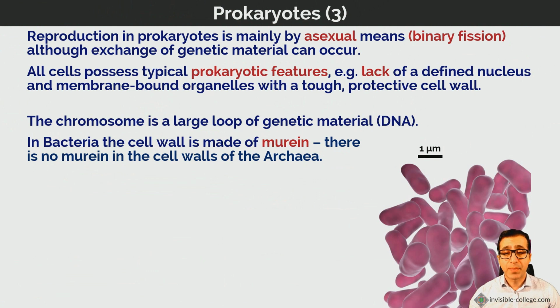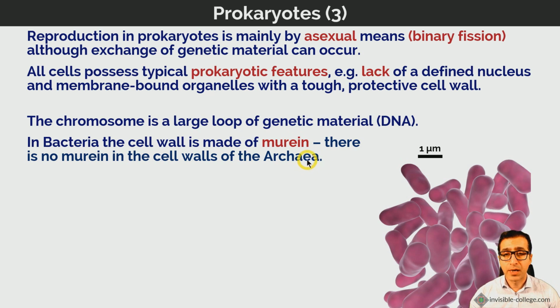I've mentioned that the bacterial cell wall is made of a different kind of material than the cell walls found in plants, and this is a material called murein. Cellulose, which makes up the cell walls of plant cells, eukaryotic cells, is a structural polysaccharide. It's a carbohydrate. Murein is not a carbohydrate, it is a peptidoglycan, which is a different kind of material altogether.